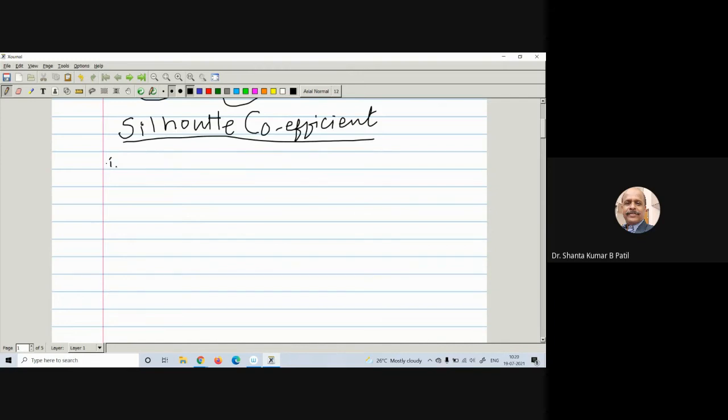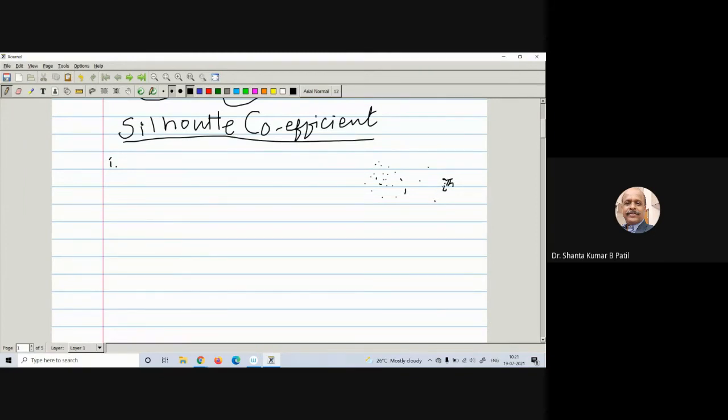In the first step of the Silhouette, for the ith object, for example, you can take a cluster which consists of 4 points. You can mark this as the ith cluster. In the first step, calculate the average distance to all other objects in its cluster.